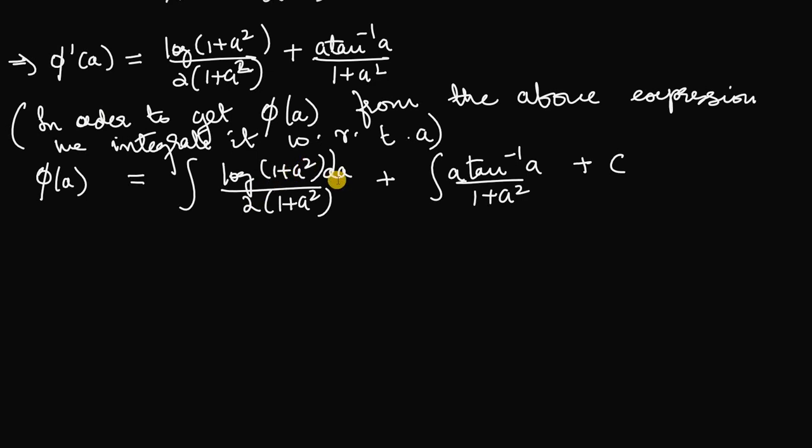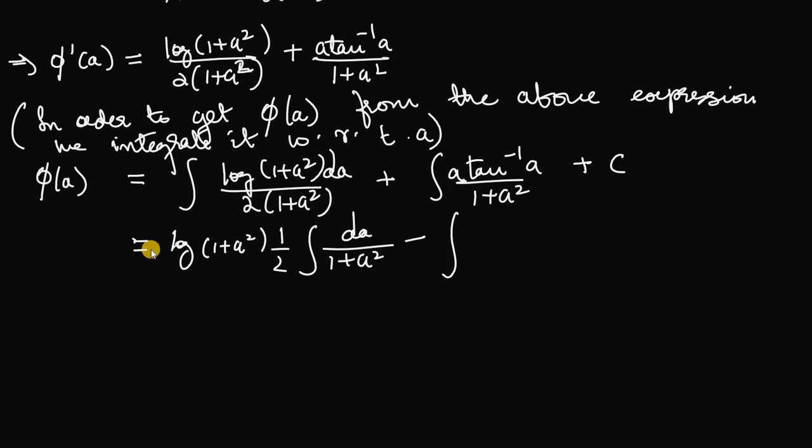So this one can be integrated by parts. So you take log of 1 plus a square as the first function and 1 as the second function. So on integrating by parts, it will give you log of 1 plus a square into the integral of the second function, minus the integral of the derivative of log of 1 plus a square into the integral of the second function.